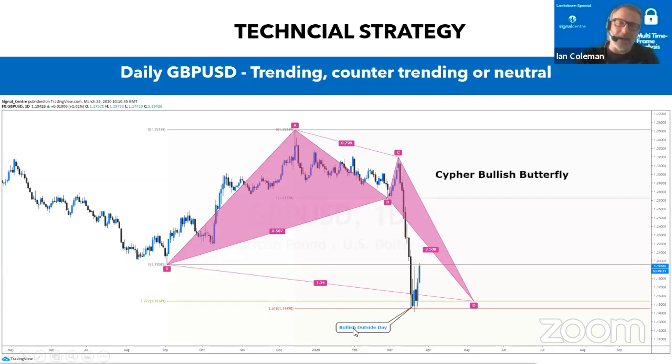So again, we're looking at those reversal candles and formations. So we've gone from monthly, mildly bullish, weekly, neutral, to daily, showing what I believe is quite a strongly bullish formation. We've got the cipher pattern, we've also got a bullish outside day. And then we break down again.